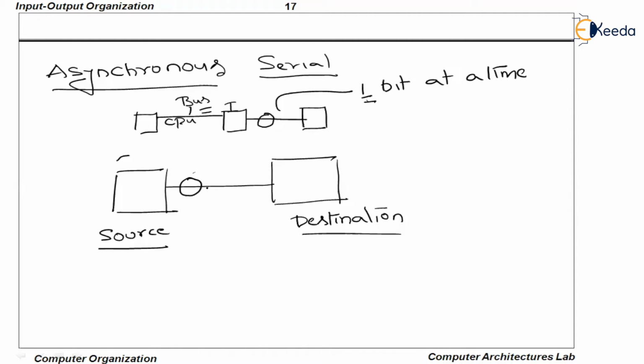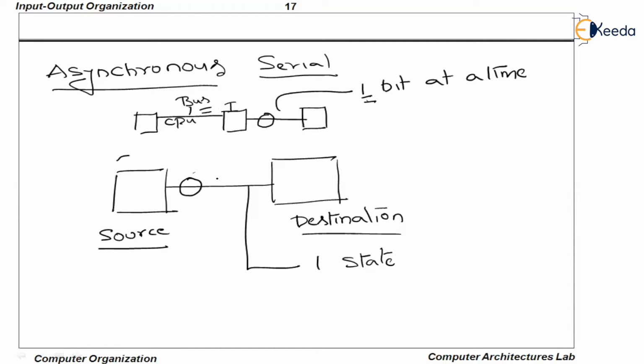Generally, whenever no transfer is happening between these two, this line is said to be in one state. What is this one state? This line will transmit a sequence of ones, from either of the ends.